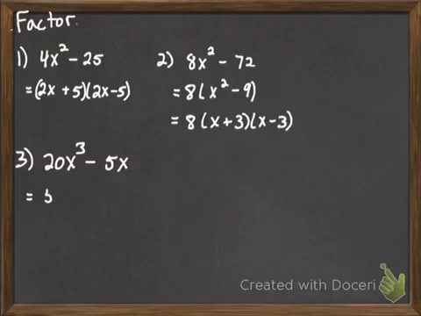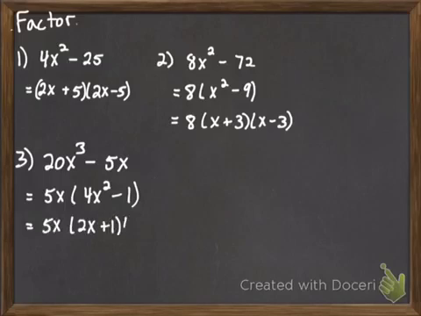So you find the common factor is 5x, and when you take 5x out, we're now left with 4x squared minus 1, both of which qualify as a square, and so we can continue on from there. That would be 2x plus 1 and 2x minus 1.